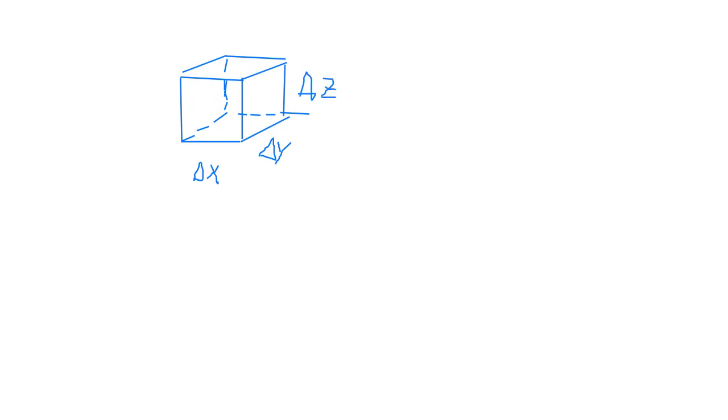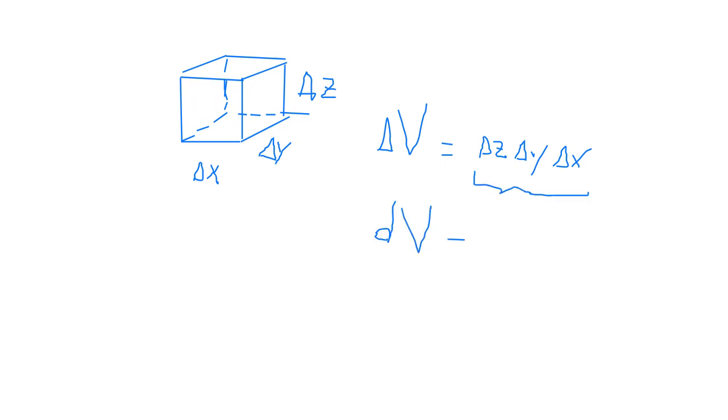So delta V is just delta z times delta y times delta x. And from there, you get dV equals dz dy dx. That's your unit volume.